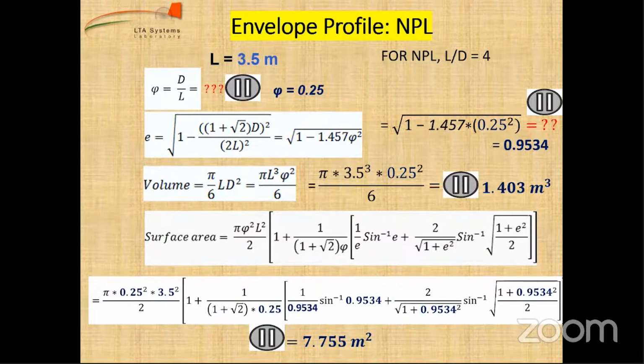Since this NPL profile is also a mathematical curve, it also has an eccentricity. Any more doubts? If you have any general concept doubts, it's fine, not particularly related to the values.